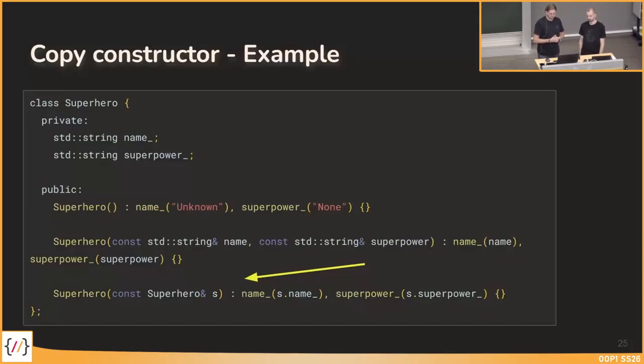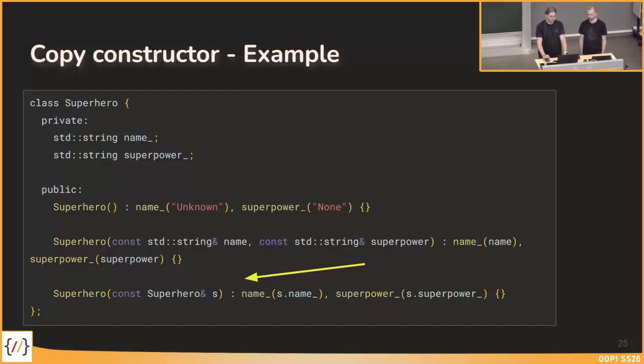You see here also that we are slowly introducing more and more into classes. In the middle constructor, we now also have a const std::string reference for the name and a const std::string reference for the superpower. So it will not always remain as simple as just having one integer. In this case, we are passing two strings and we define them const, which means that the name and the superpower will not be changed in this constructor.